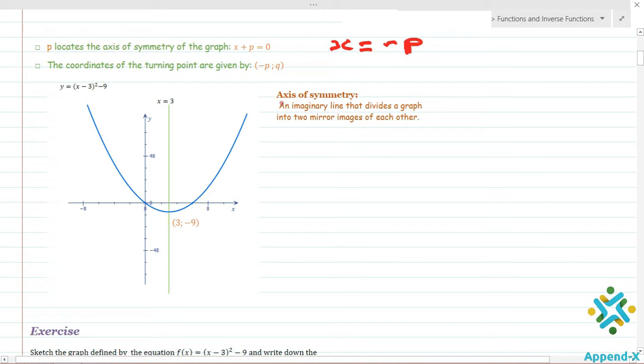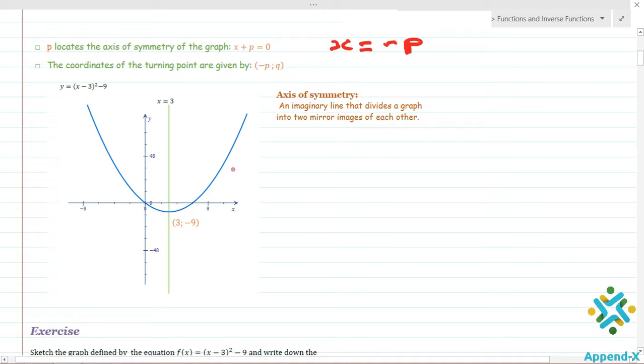Now here is an example of a graph defined by the equation y is equal to (x minus 3) squared minus 9, okay? Now what we want to do is to study this graph and analyze some of its properties.